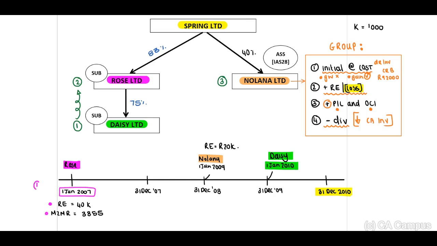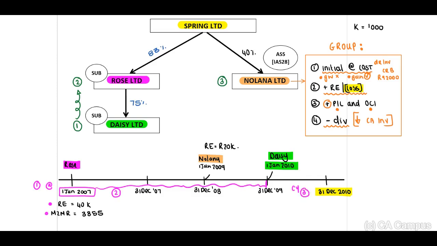Section number 1 will be our at acquisition. Section number 2 will relate to our since period, our retained earnings, until end of December 2009. And section number 3 will relate to our current year, 2010.